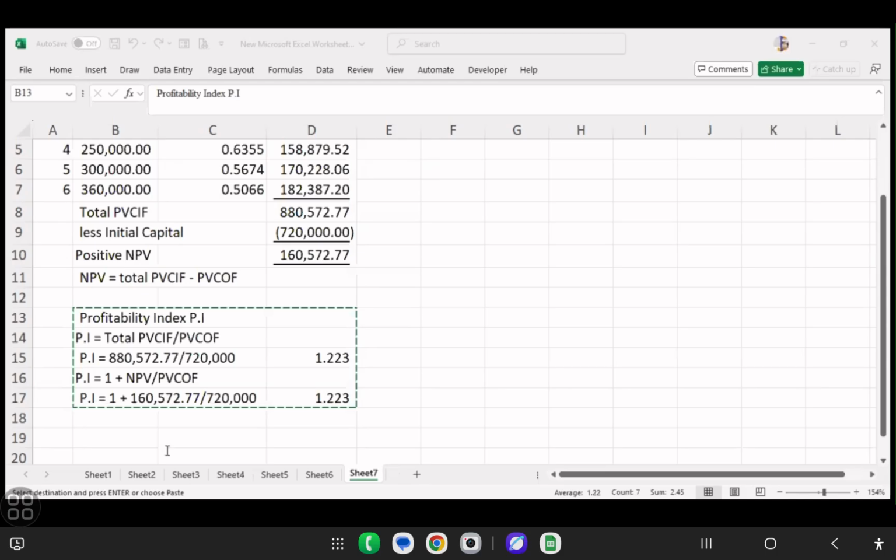Then we say that since the profitability index is greater than 1, accept the project. That is the decision criteria. I'm just reminding you because they are things that you are familiar with.